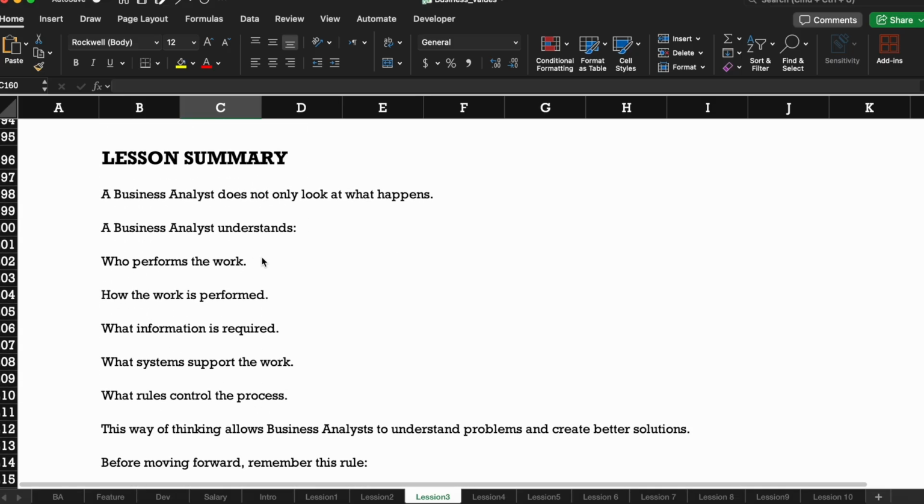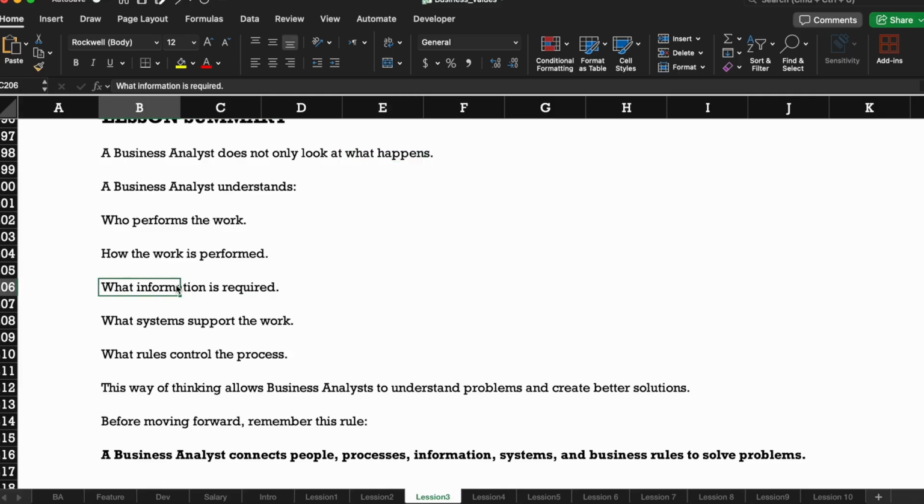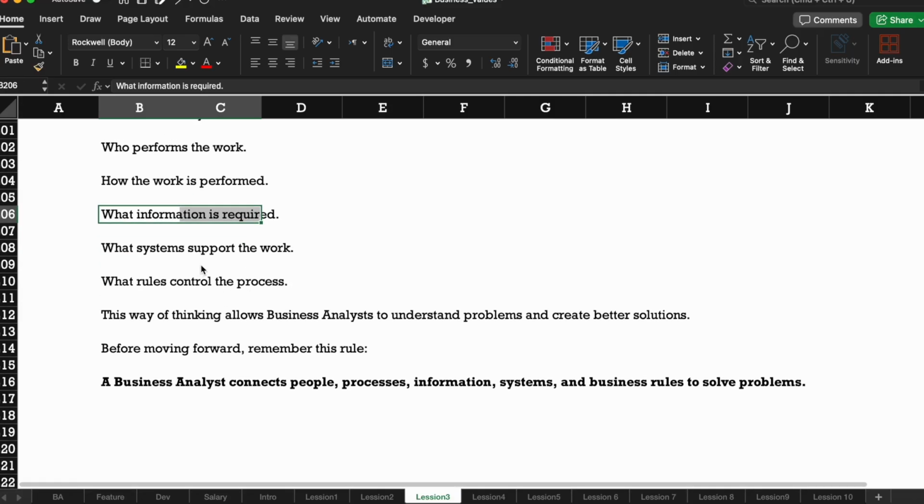So our lesson summary: as a business analyst, you do not only look at what happens. A business analyst needs to understand who performs the work, the customer or user, how the work is performed, who is doing what, what information is required, the data, what systems support the work, and what rules control the process, like business rules.